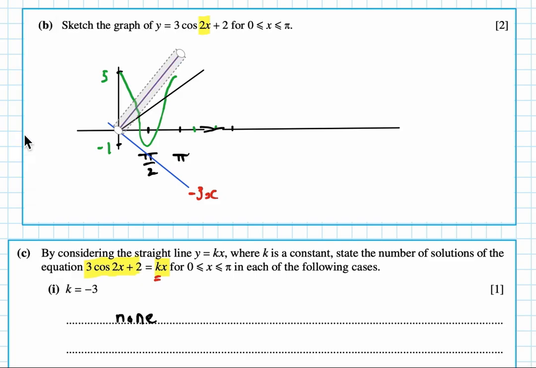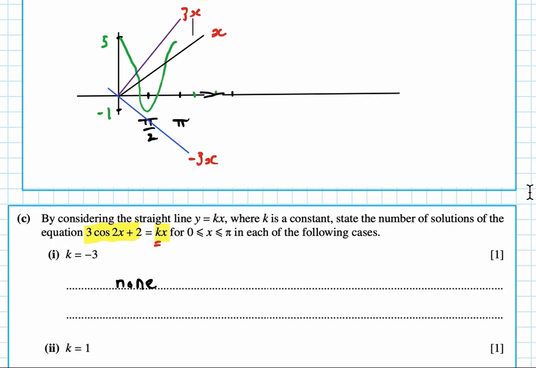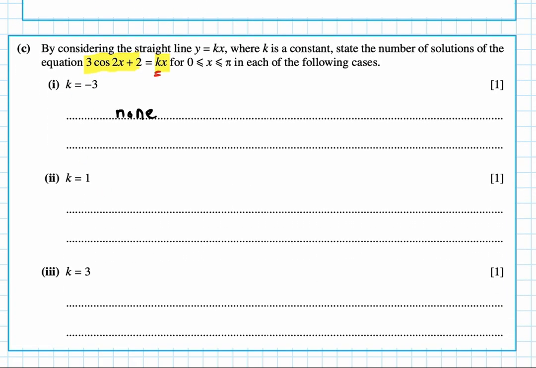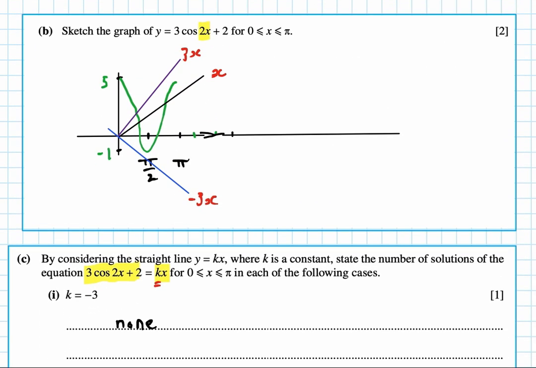And as you can see, our k is equal to 1 will have two solutions, and k is equal to 3, kx is 3x, will be one solution. So we can write that in as well. So two solutions and one solution within the range that we were given.